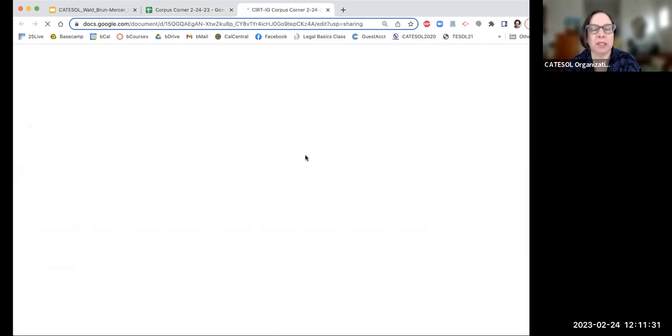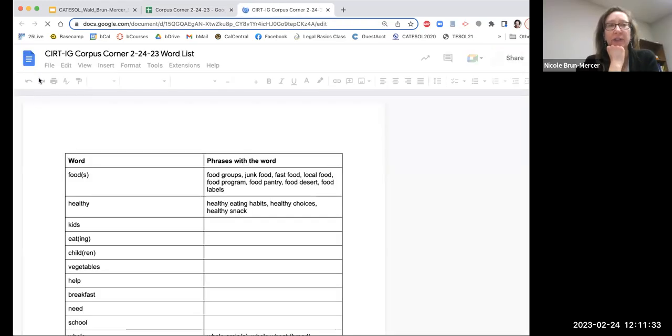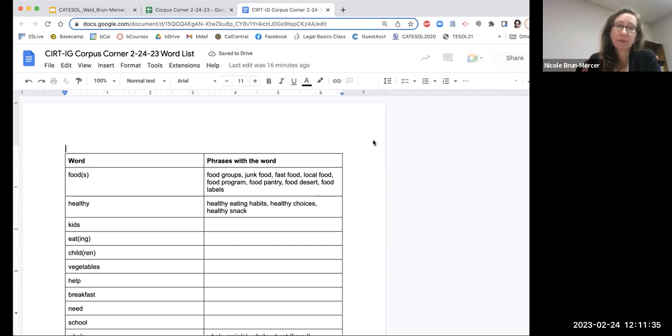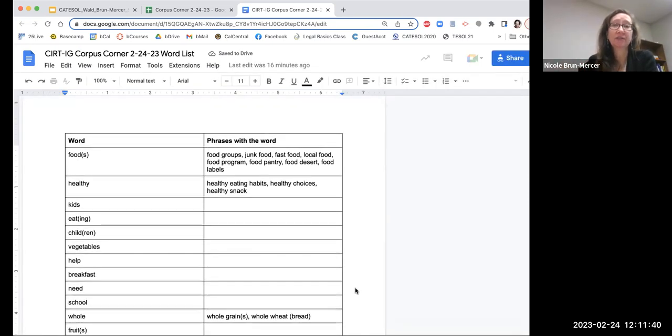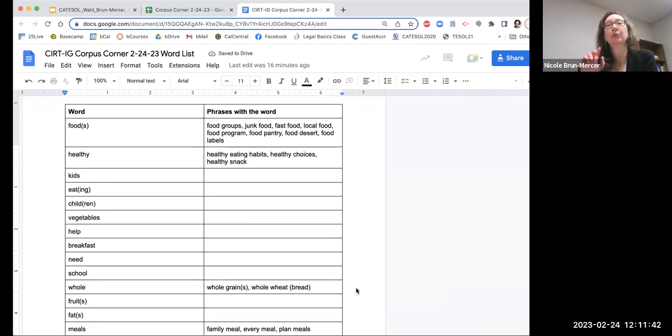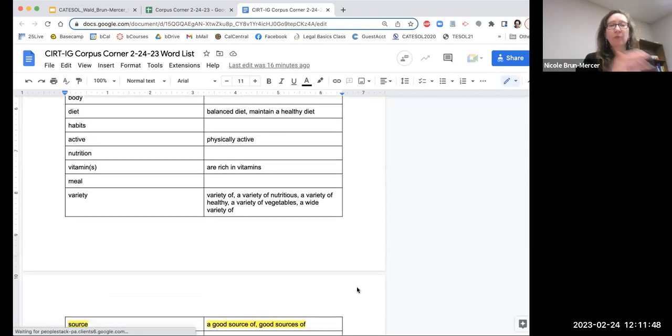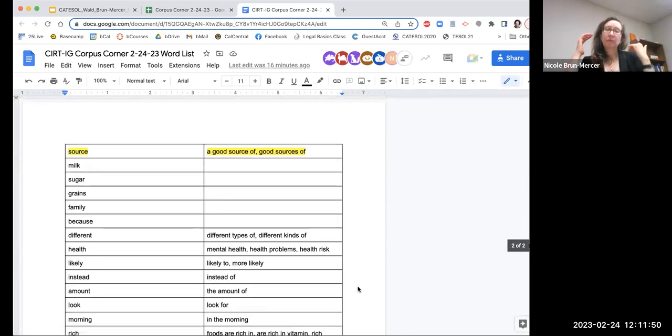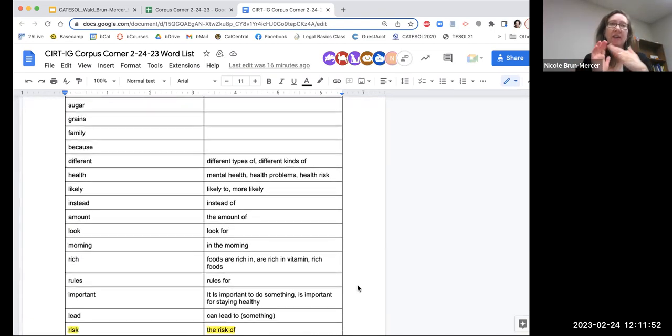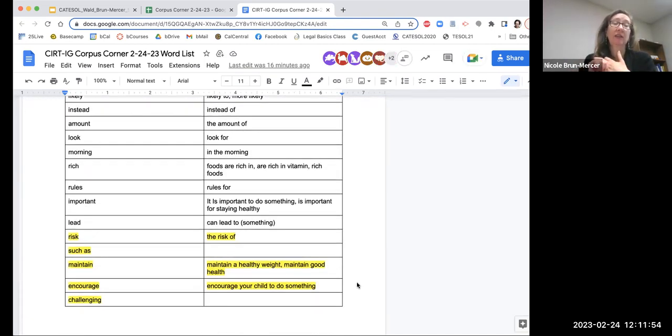Yeah, so with AntConc, you can find not only what are the most frequent words in order of frequency, but you can also find lexical bundles, you can find collocates. So this word list that we've given to you is really the most frequent words and also the words that we think are important to be teaching and practicing with the students.